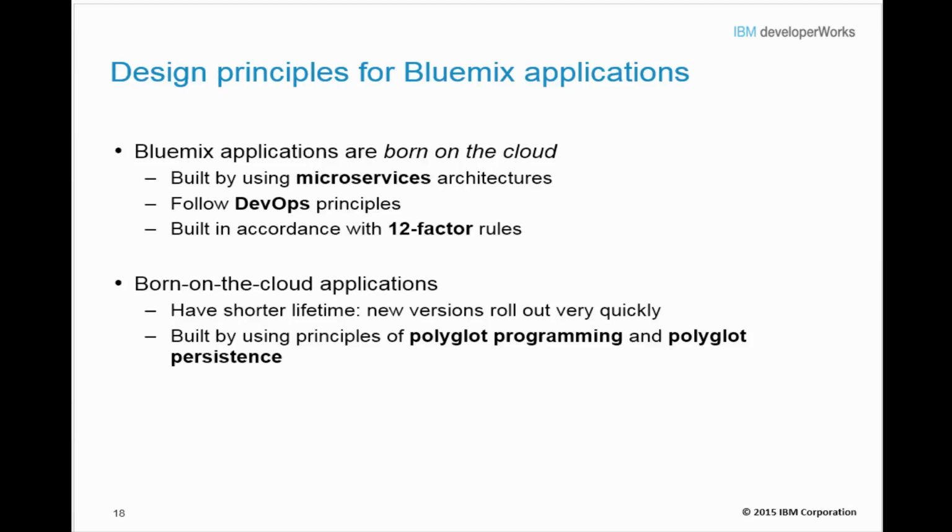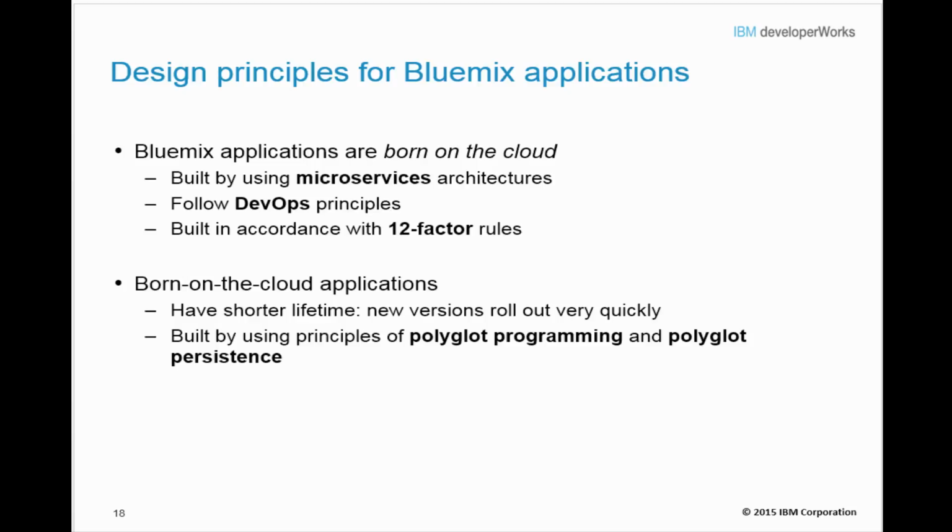And again, as we specifically start talking about the services that Bluemix provides and how that fits into your architectural decisions, we'll talk more about how that works. And then finally, your Bluemix applications are going to be built in accordance with the 12-factor.net rules. And we'll quickly go through some of those and describe what those are as well.